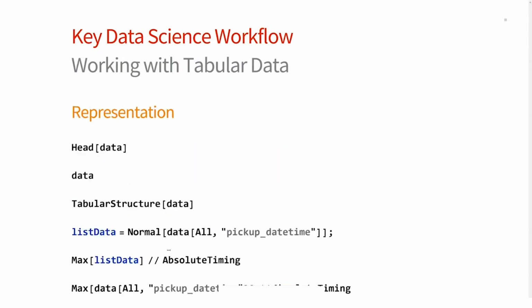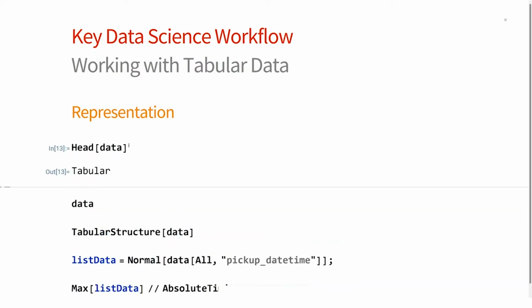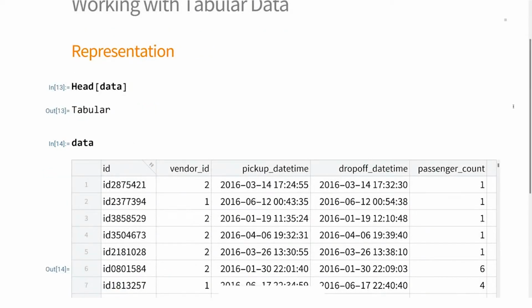Now, what's the thing we actually got in there? You saw a passing reference to Tabular. The data that I've imported from that Parquet file is a new object within the Wolfram Language, and it's an object that basically declares that its contents is tabular data and brings, by virtue of that wrapper, a certain amount of automation. One of those bits of automation is that it formats very prettily.